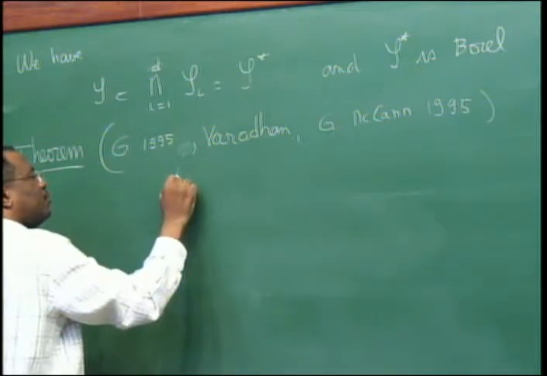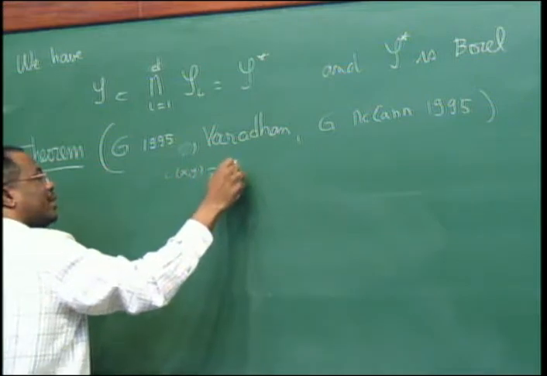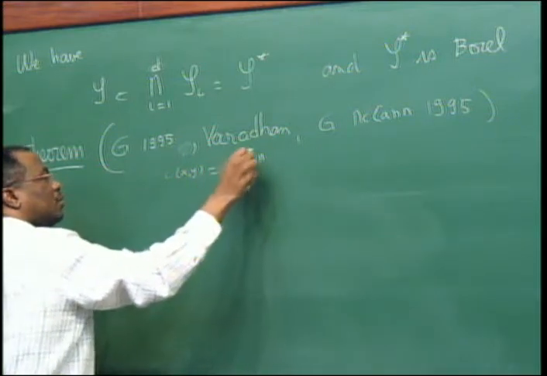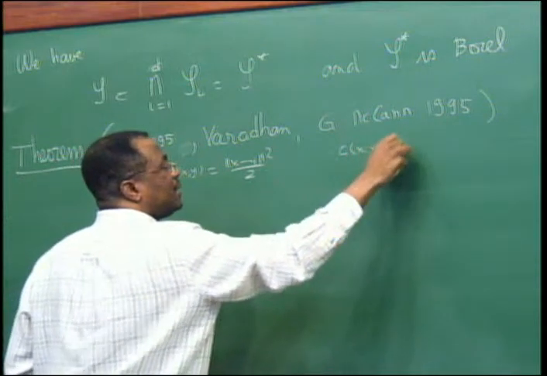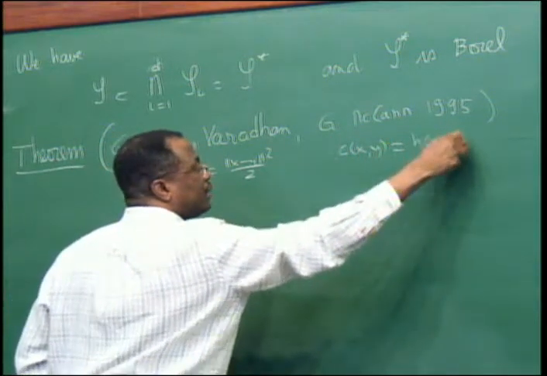Here, these two were for the case c(x,y) equal to |x minus y| squared over 2. And here c(x,y) is h of x minus y.